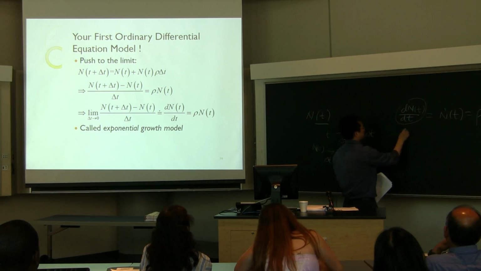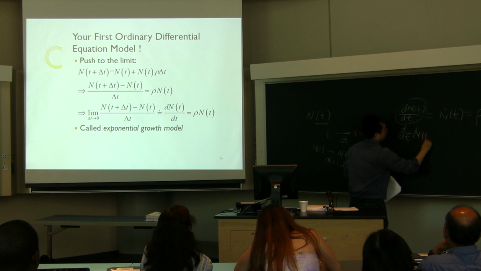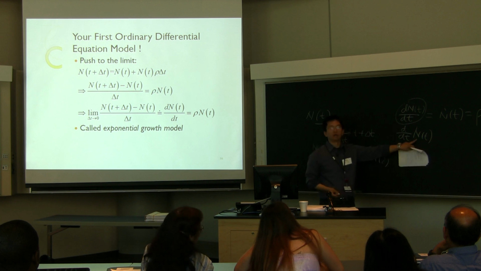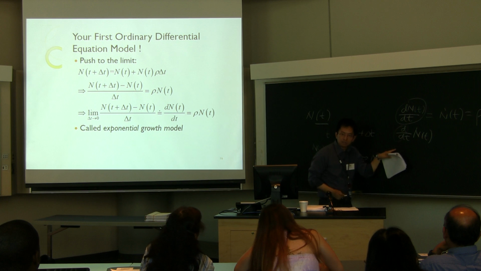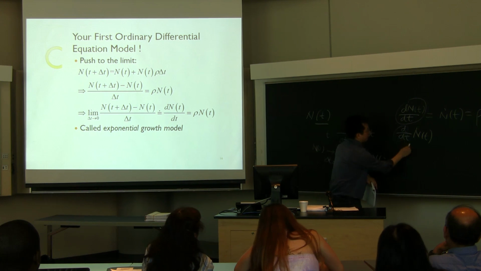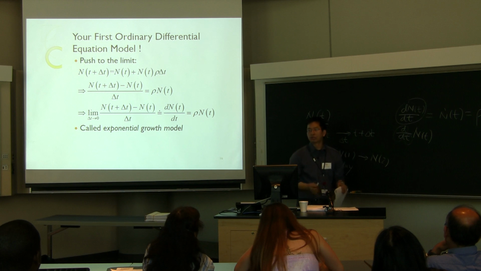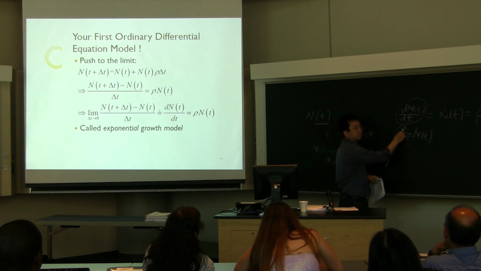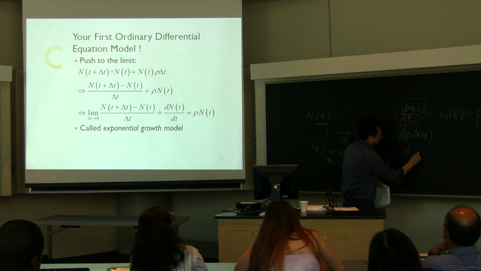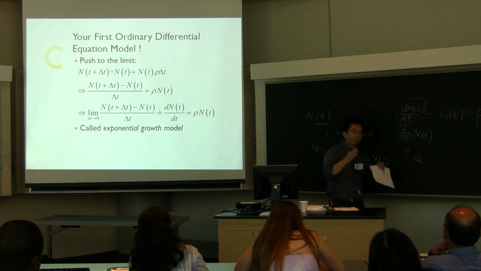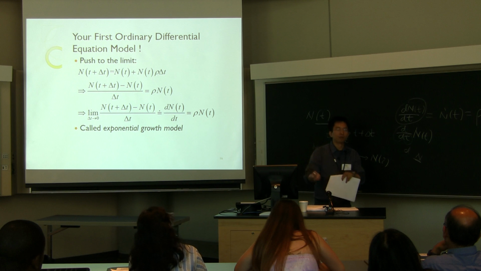And sometimes people also write this one as d/dt, you can take this part out. And this one means that you take the derivative with respect to time. So you can actually separate them. So d here means derivative or differentiation, and n here is what we want to calculate the derivative of.